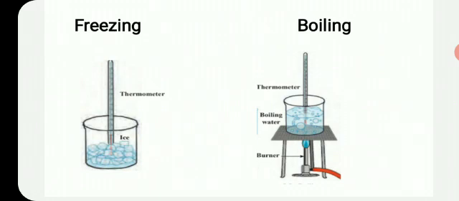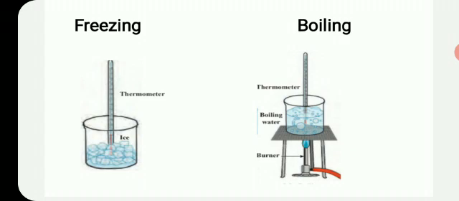Are you clear about boiling and condensation? Boiling of water is also called ebullition. When you supply heat to the water, water starts boiling. This process is called boiling, and when the boiling water cools down, that is called condensation.